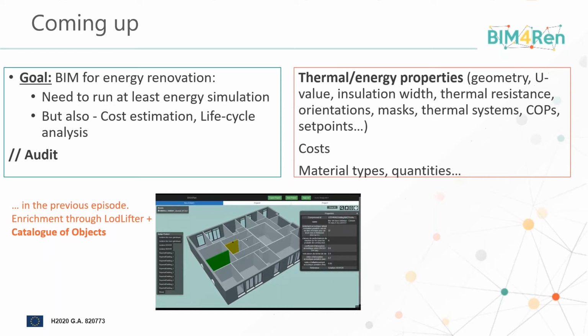In the previous webinar, we presented a tool developed by the CSTB within the project. It's a BIM viewer, and this BIM viewer can be connected to a catalog of objects.